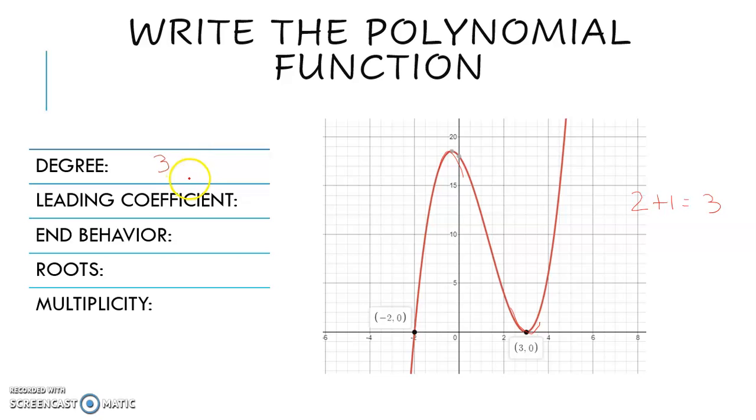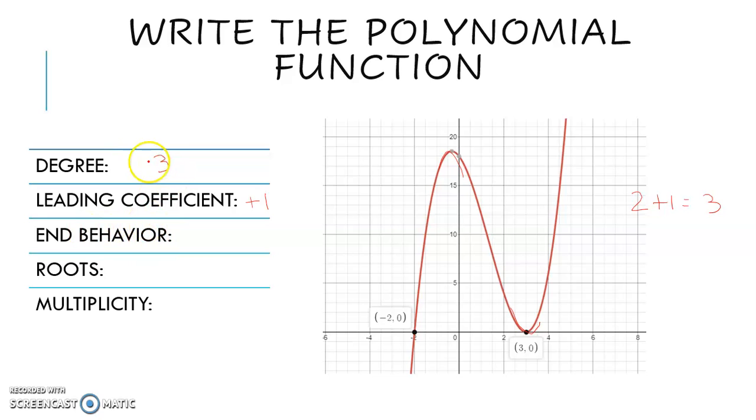So I know that based on the turning points, this is going to be a third degree polynomial. What is the leading coefficient? Well, as x goes to negative infinity, y goes to negative infinity. As x goes to positive infinity, y also goes to positive infinity. So we remember from our chart that means that the leading coefficient has to be positive. So it has a positive a. And for this situation, we're assuming that the leading coefficient is 1.